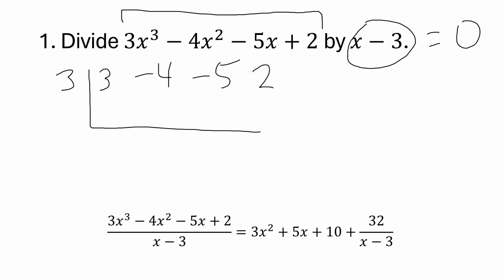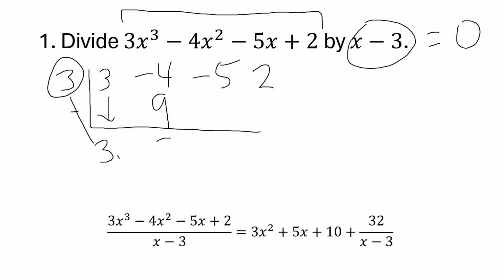Now, what do we do? We just bring the first term down, like this, 3. And now, what we have down here, we simply multiply it by what? The 3 that we have here. So we get 9. We write it here. Now, this -4, we add to 9.